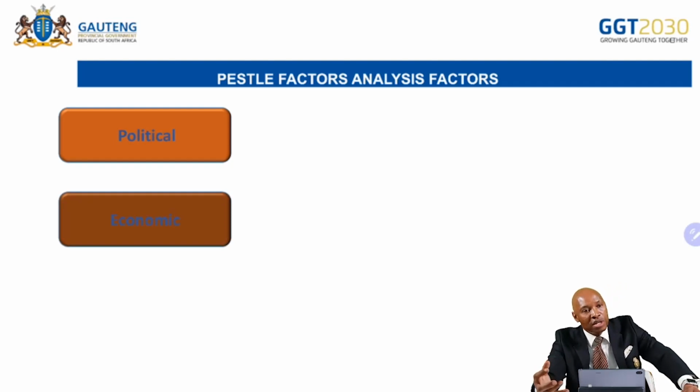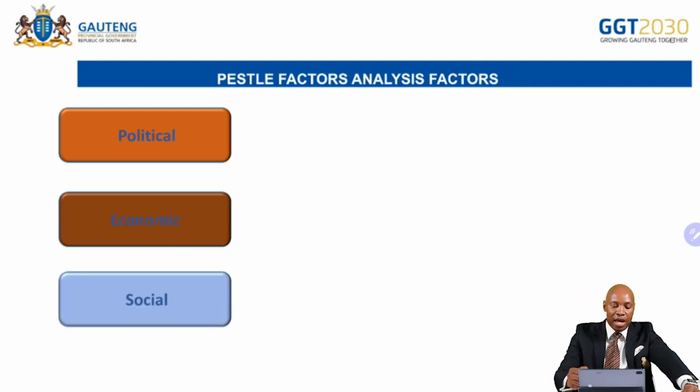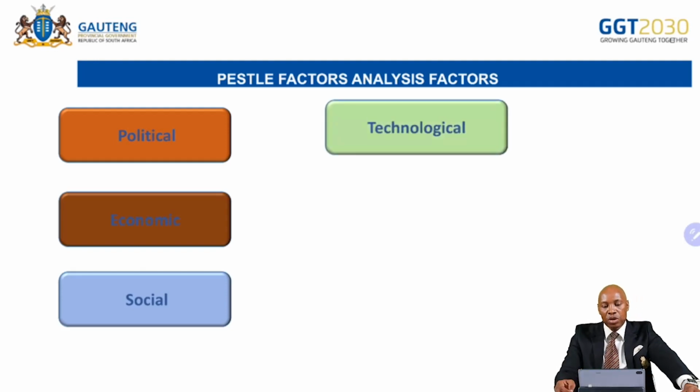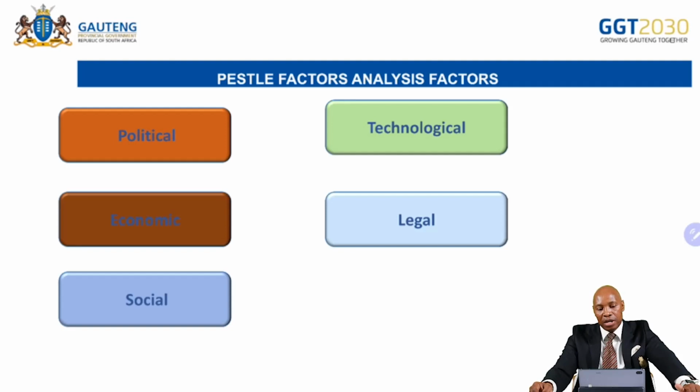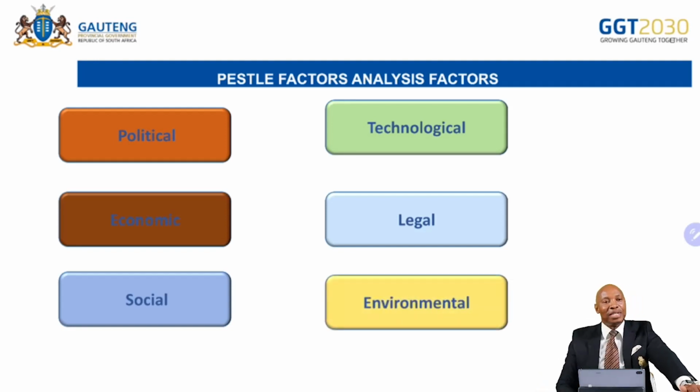For economic factors. Then we have S, which stands for social environment. Then we have T, which stands for technological. Then we have L, which stands for legal. Then we are left with the last E, which stands for environmental.